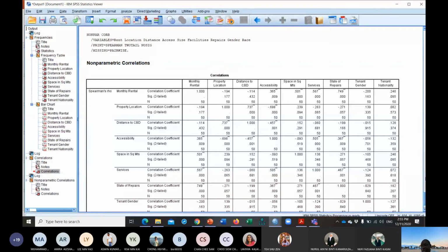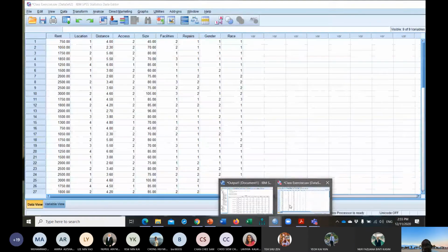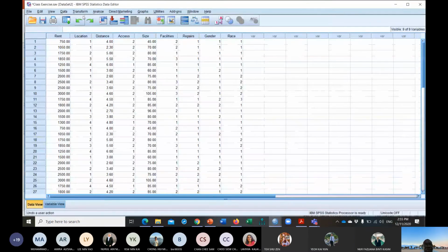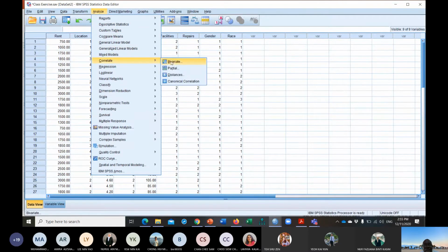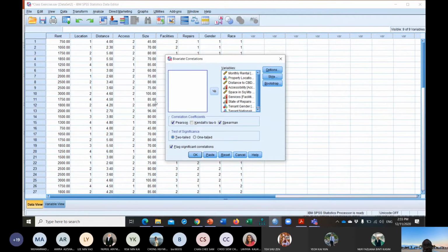Now, let's try. Doctor, can I ask what is the meaning of the star? Some data got two stars. Remember, when we analyze and we say correlate, bivariate, you see this mark, flag significant correlation.